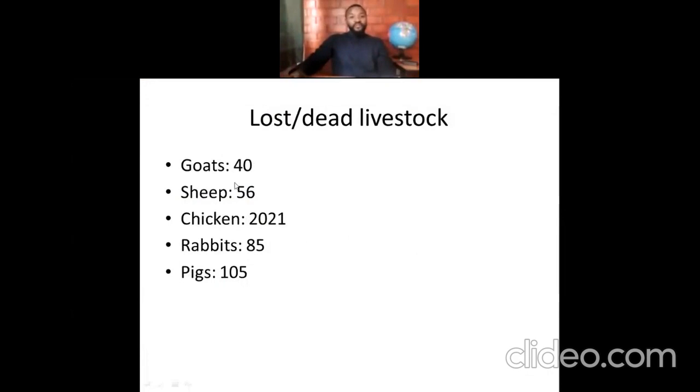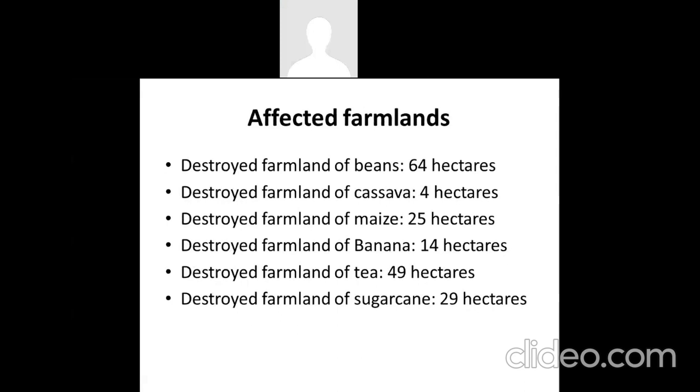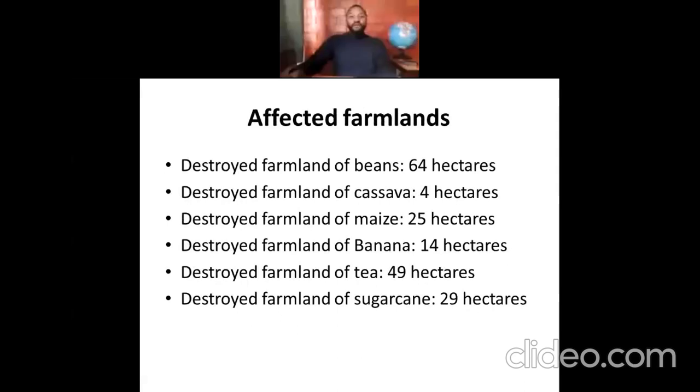Livestock: 40 goats were lost or dead, sheep 56, chicken 2021, rabbits 85, and pigs 105. The affected farmlands: the beans farmland that is lost was 64 hectares.